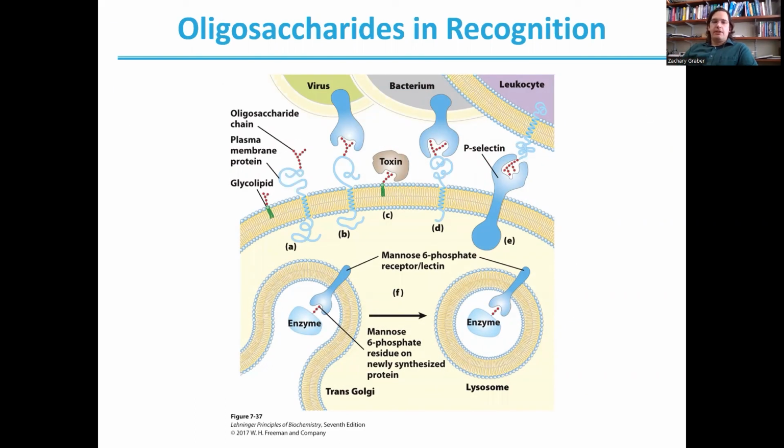What we see in this lecture is that our sugars are far from just simple energy storage molecules or simple sugars that we use for fuel. They're incredibly important for interactions between cells, interactions between proteins, or interactions between lipids and other cells or lipids and proteins. These glycosaminoglycans and sugar polymers have an incredible variety of different shapes and sizes that we can make through all the different glycosidic bonds, as well as the different modifications that we can make to our sugar molecules in order to create these highly specific interactions between our lectins and their various sugar binding partners.